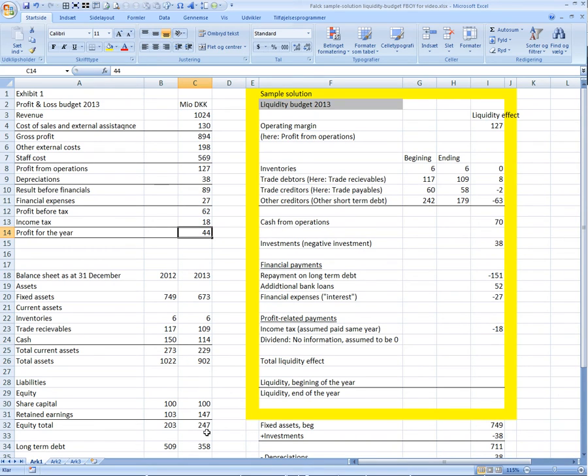And if I look down here, retained earnings actually go up by precisely 44 million. So it seems that all the profit that's earned stays in the company as retained earnings, and therefore dividend will be 0. I made the comment here already. So we assume for this reason that dividend is 0.